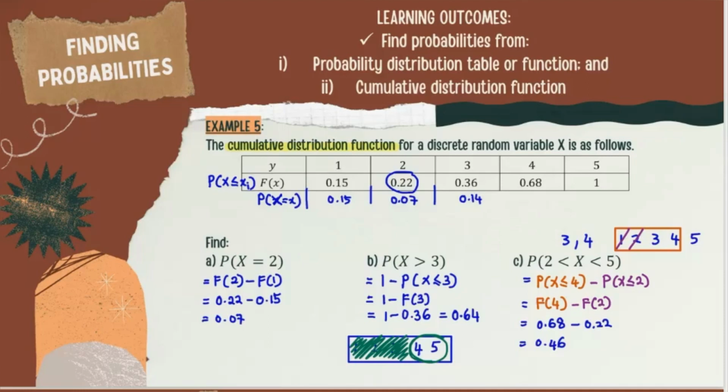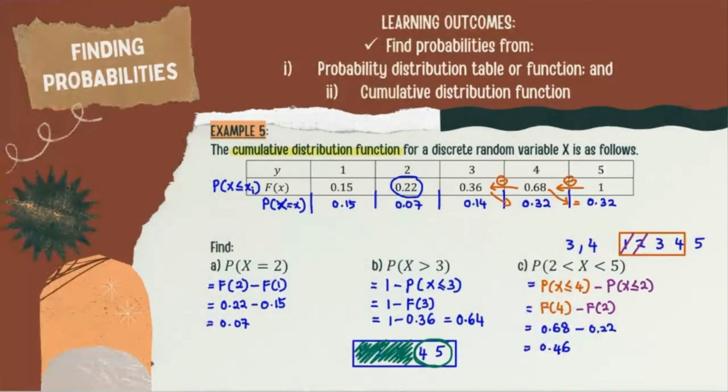And then 0.68 minus 0.36, you get 0.32. And 1 minus 0.68, you get 0.32 again. So this is our probability. How do we get it? One minus, we get this answer. It goes back again. This minus, we get this one, and so on. So that is how we get the PDF.